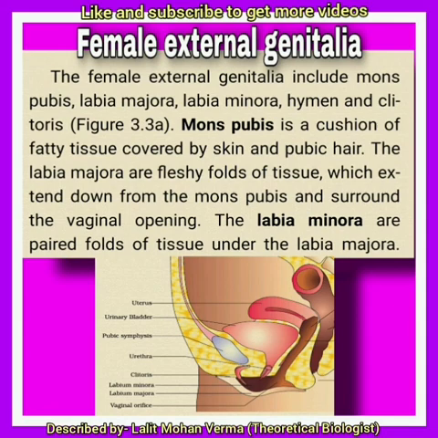Now, female external genitalia, that is vagina. It is a fibromuscular elastic tube about 7.5 centimeter long, into which the uterus opens.